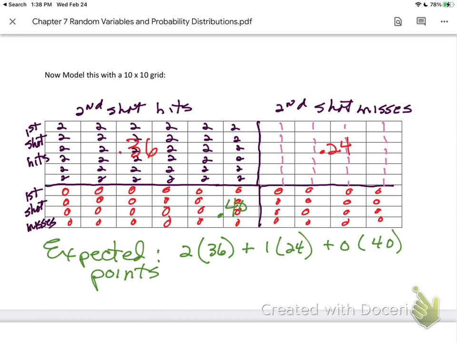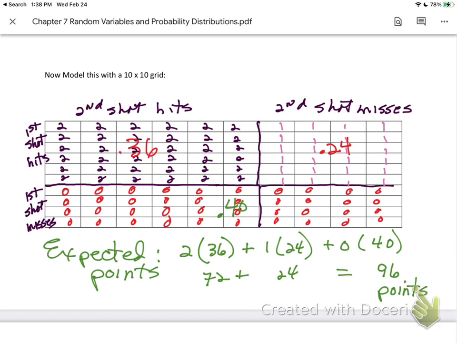Okay, so add those up: 72 plus 24. So that means that if she goes to the foul line 100 times, her expected points would be 96. So that's pretty good.